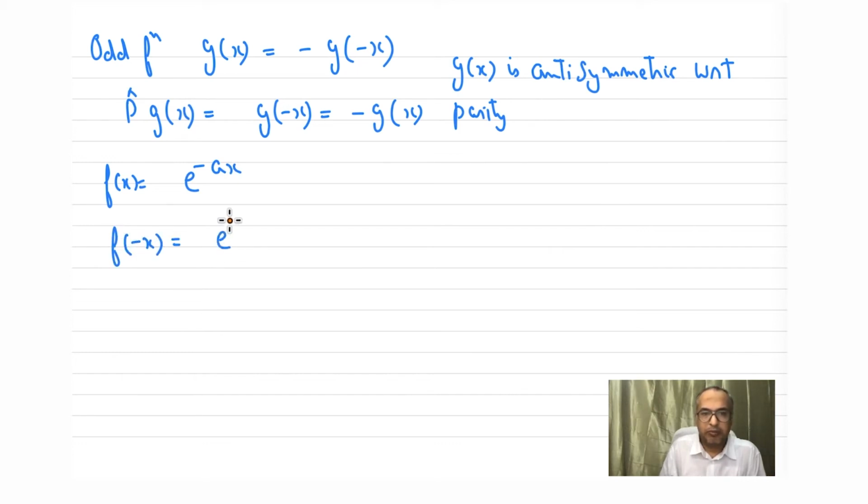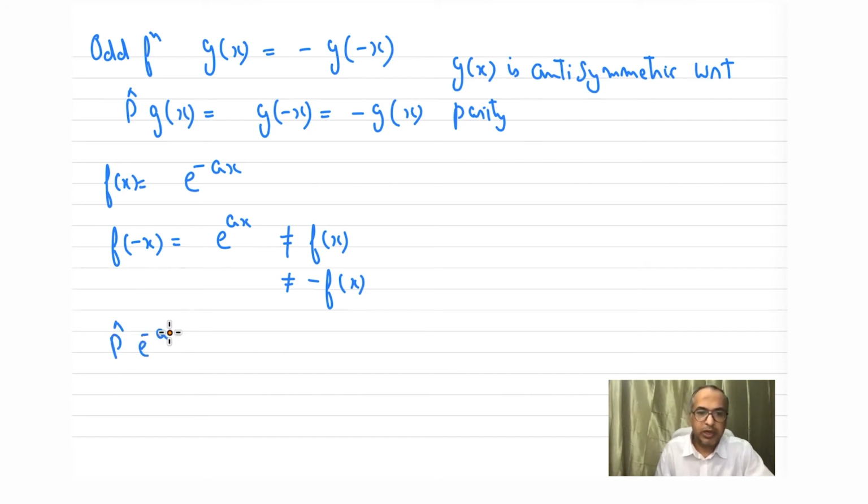You get e to the power ax, which is not equal to f of x, and not equal to minus of f(x). So in this case, if we apply parity on e to the power minus ax, we get e to the power ax, which is neither f(x) nor minus of f(x).